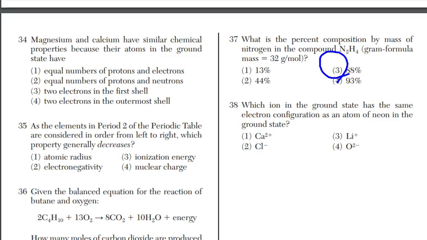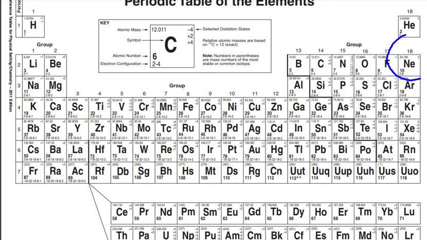For 38, which ion in the ground state has the same electron configuration as an atom of neon in the ground state? So with neon, the symbol is Ne. We need to get that electron configuration and then figure out what we have for the rest. We have neon and the electron configuration of 2-8.